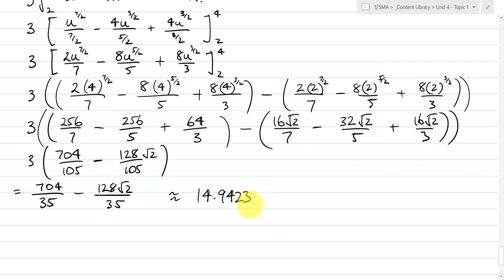And that simplifies down to 704 over 35 minus 128 root 2 over 35, which is approximately equal to 14.9423, I hope. I've just done that in the scientific calculator. It's fairly intensive, so you've just got to be careful that you're getting the right answer out of these as well.